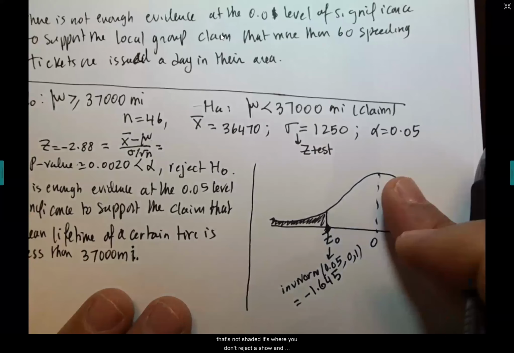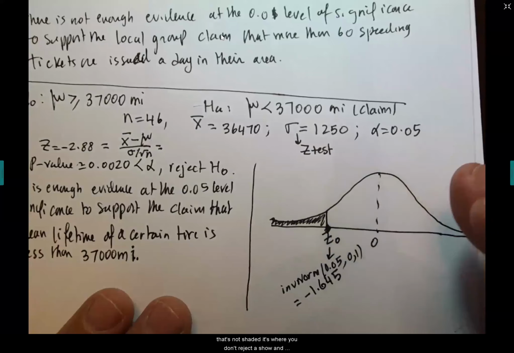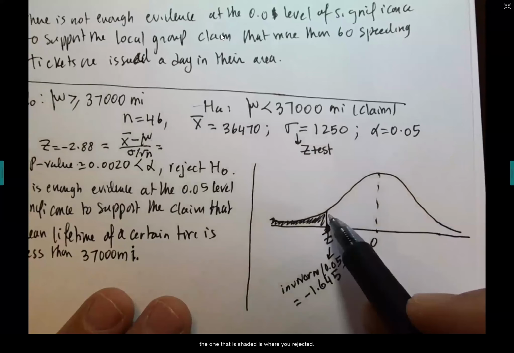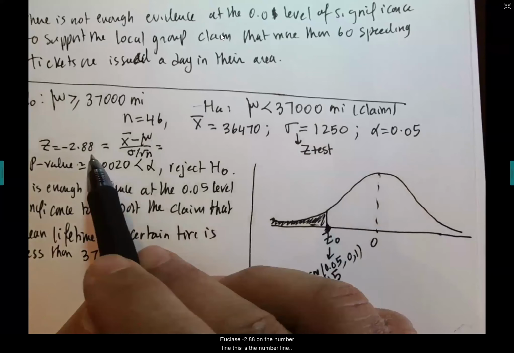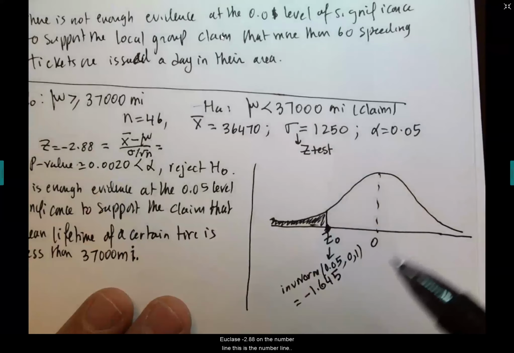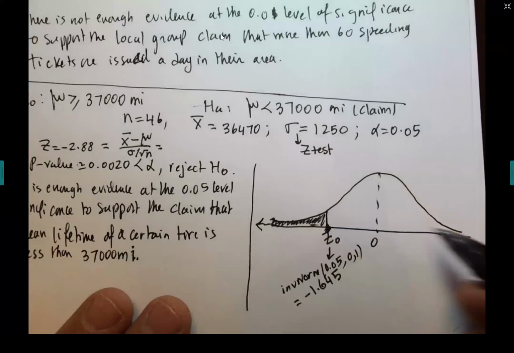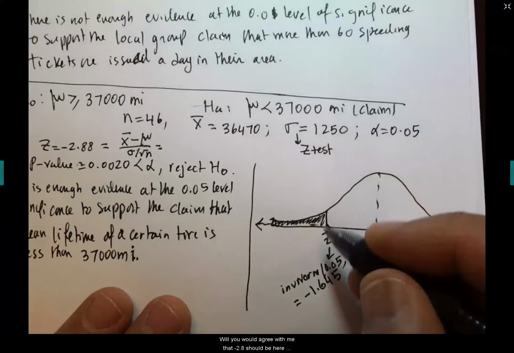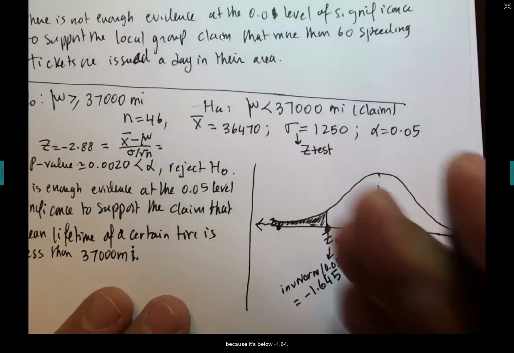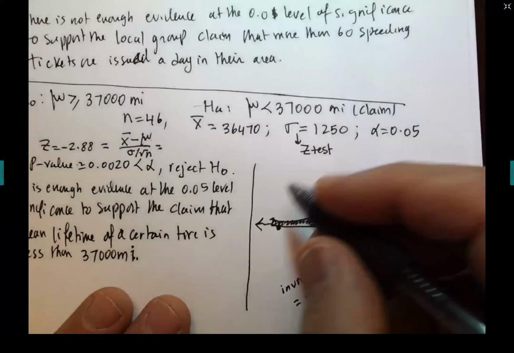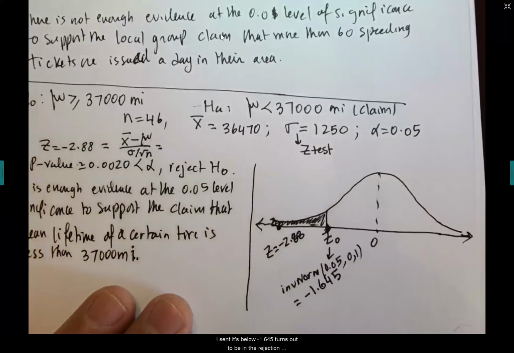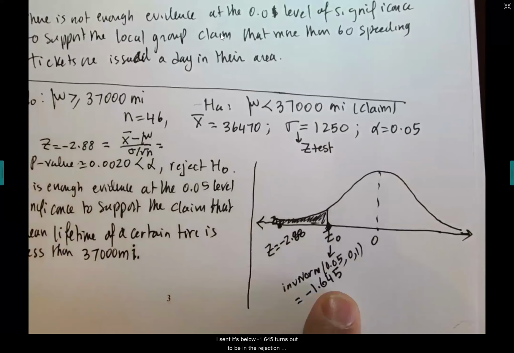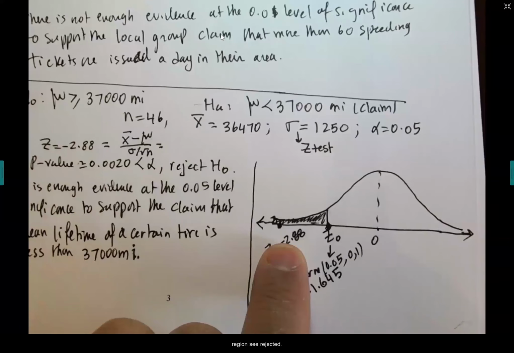The one that's not shaded is where you don't reject H0, and the one that is shaded is where you reject H0. You place negative 2.88 on the number line. Negative 2.88 should be here because it's below negative 1.645. And since it's below negative 1.645, it is in the rejection region, so you reject H0.